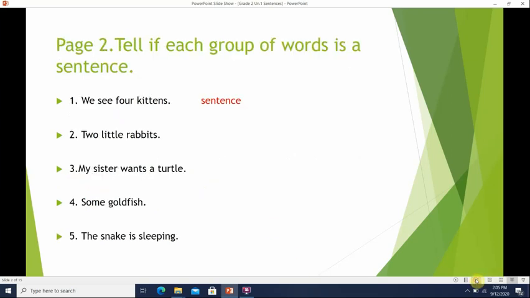So we now understand what a sentence is and what's not a sentence. On page 2 in language arts, we will open to page 2. It says here, tell if each group of words is a sentence. So we will read each group of words and we will see whether or not it's a sentence.